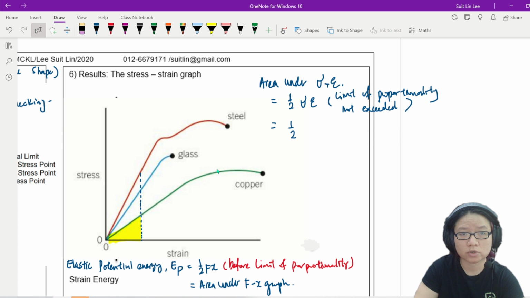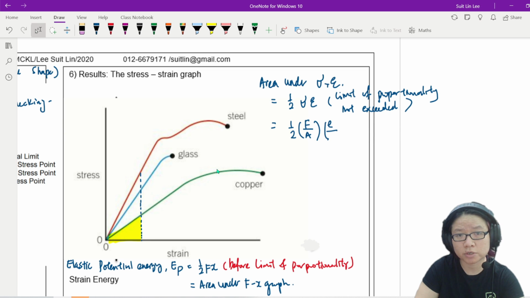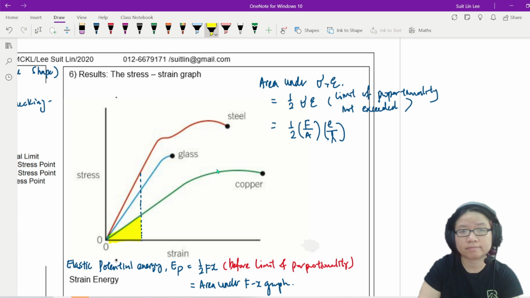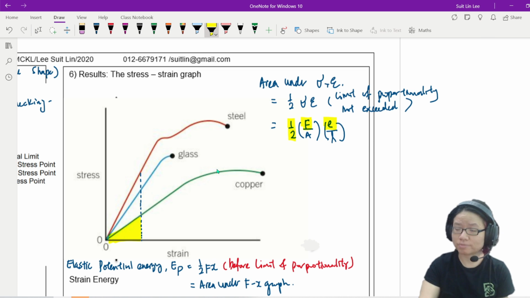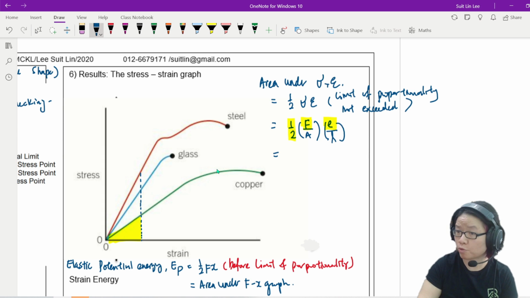If I think about this, stress is actually F per unit area, and strain is extension per unit original length. Let me make this L. And then you see this half Fx is elastic potential energy, while you're still obeying the limit of proportionality.